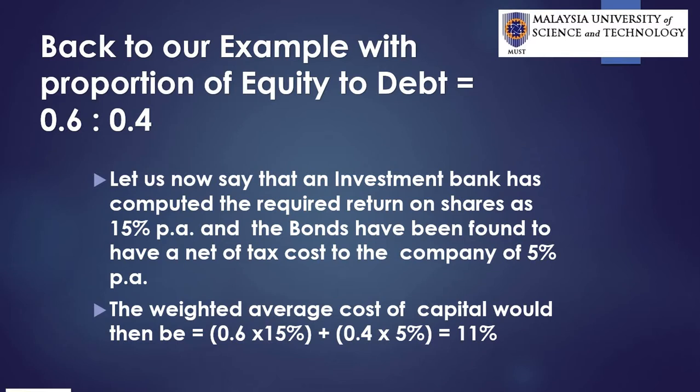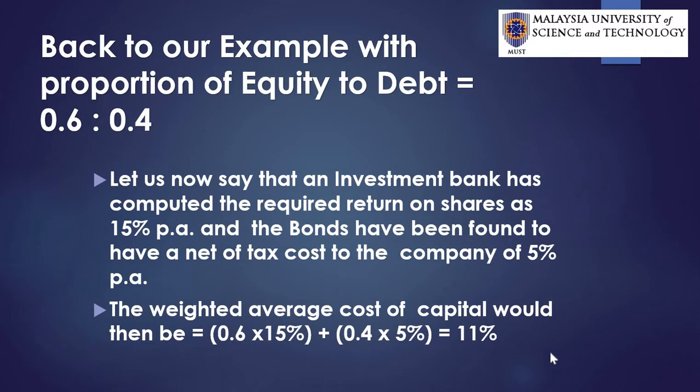So with a cost of equity capital at 15% and a cost of debt financing at 5%, what would be the weighted average cost of capital? Answer: 0.6 multiplied by 15% plus 0.4 times 5%. That's how you do a weighted average.